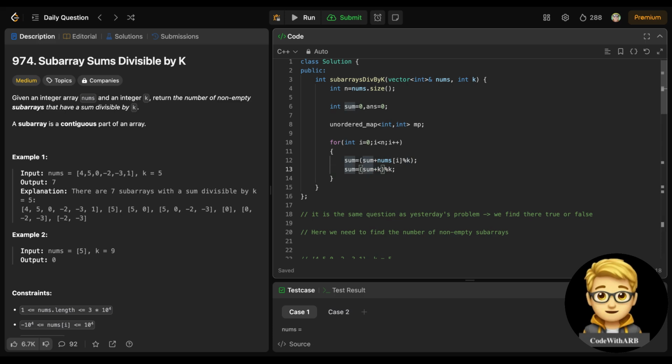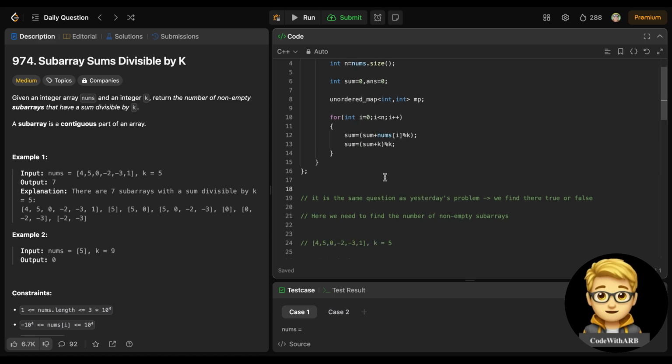But suppose this sum becomes -10, or -4 or something like that, and we add this k. The point before taking this modulus is to make this number between 0 to k, so that by adding plus k, it becomes between 0 to k.